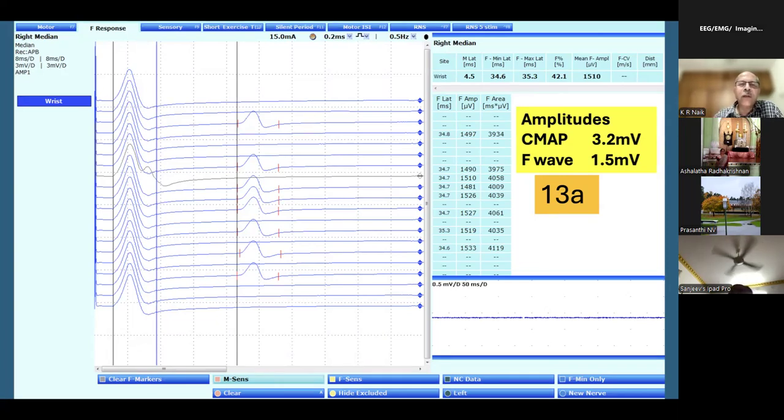The anterior horn cell will not be able to send back the antidromic volley which has come to the anterior horn cell and send it back to the muscle fiber, motor unit, to produce F. So if this F is so big, almost 50%, that means there is a reinnervation of one unit, which is seen here. So this is an axonopathy.